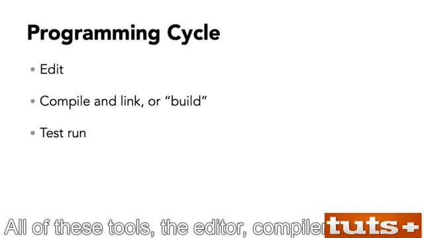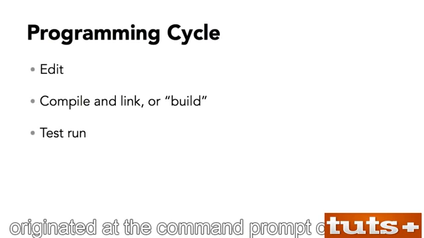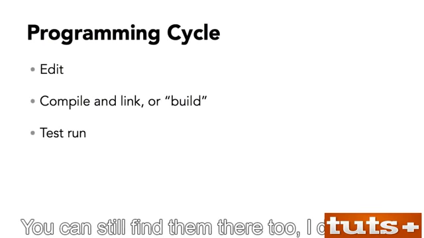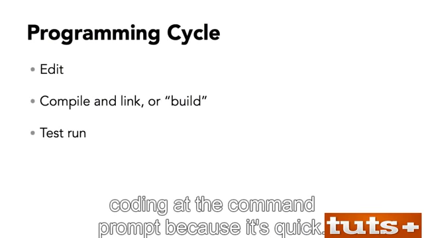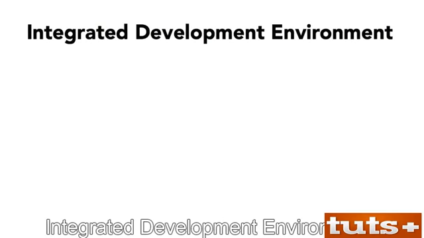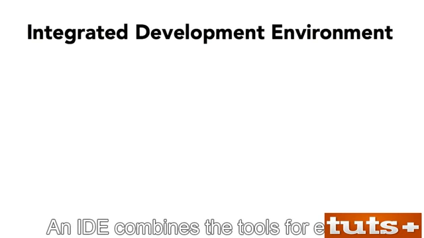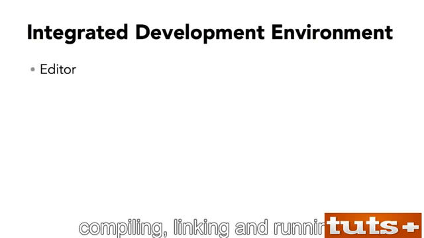All of these tools, the editor, compiler, and linker, originated at the command prompt or terminal. You can still find them there too. I do a lot of coding at the command prompt because it's quick. More common, however, is to use an IDE or Integrated Development Environment. An IDE combines the tools for editing, compiling, linking, and running.